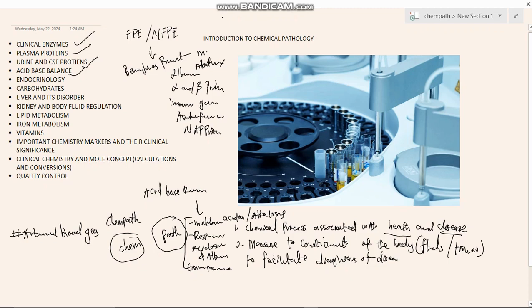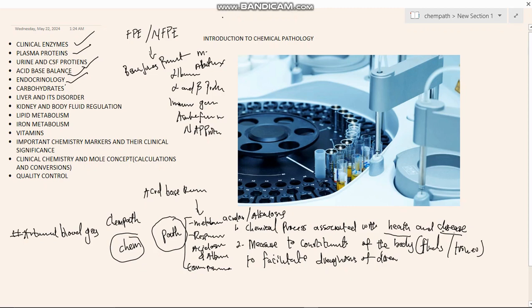Then after that, we'll come and talk about endocrinology. In fact, endocrinology is one of the broadest topics in clinical chemistry. So this one, we'll talk about the chemical processes associated with endocrinology. We'll talk about the synthesis of those endocrine glands. We'll distinguish between endocrine glands and exocrine glands. Then we'll talk about the processes that lead to the synthesis of certain endocrine hormones.